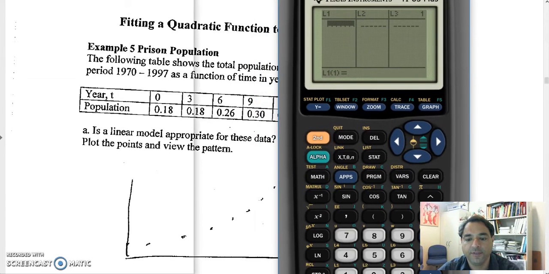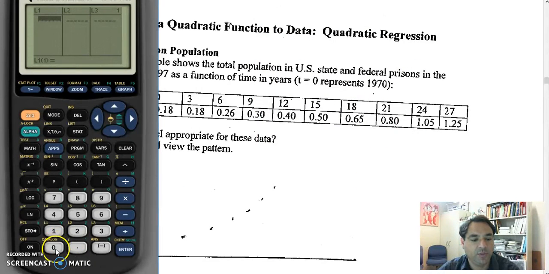So we have 0, 3, 6, 9, 12, 15, 18, 21, 24, 27 as our list 1.